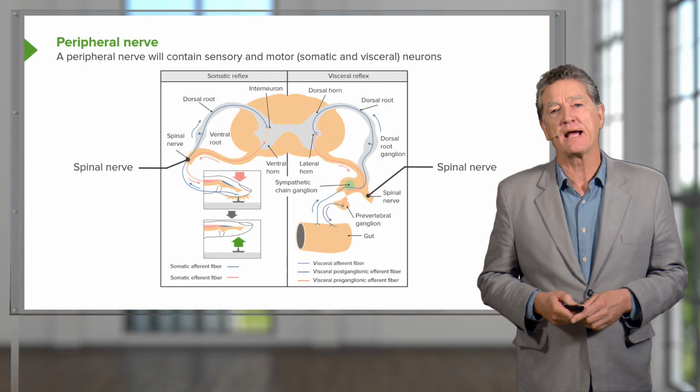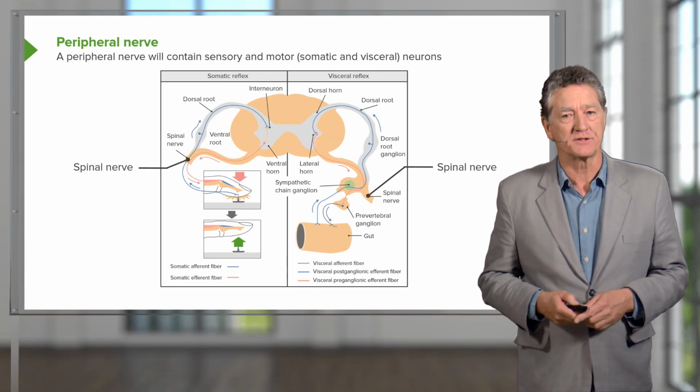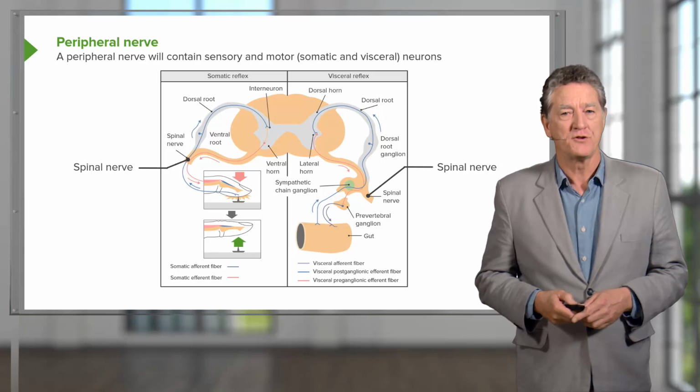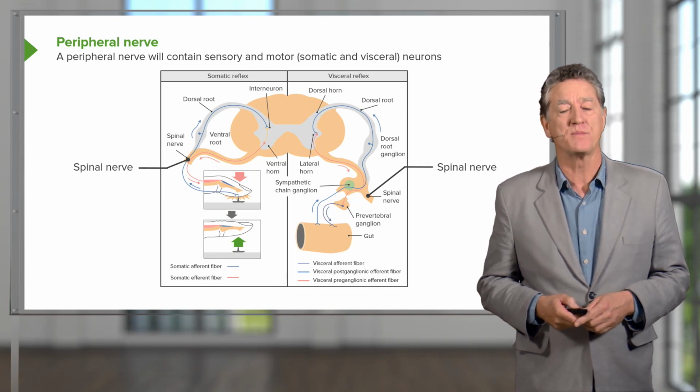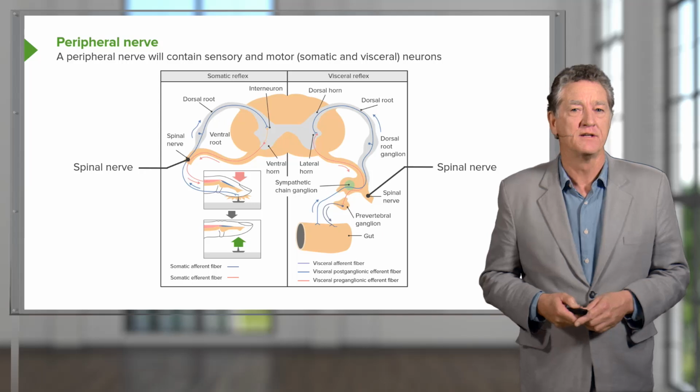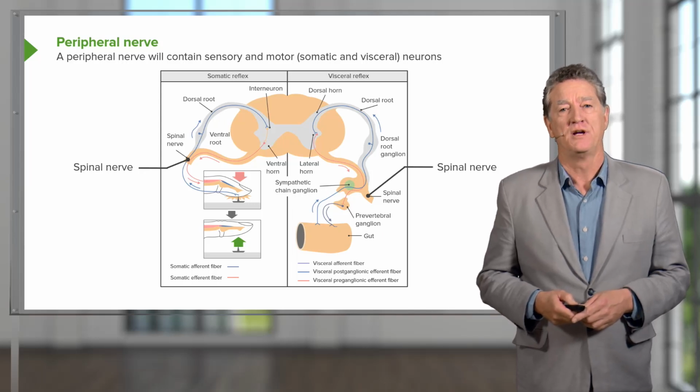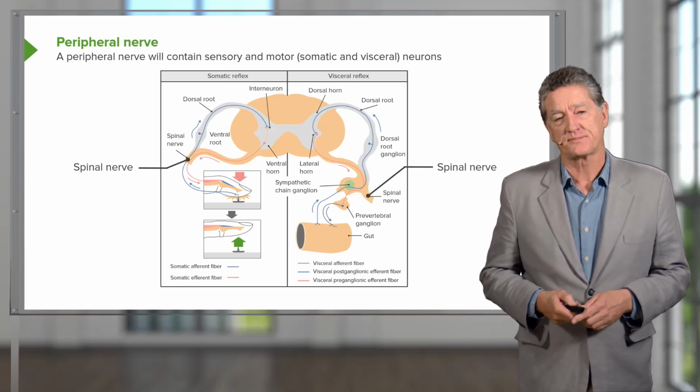And that postganglionic neuron then passes down, usually following blood vessels, to where those neurons are going to do their job, where they're going to stimulate smooth muscle, perhaps to contract around blood vessels or around parts of the gut.